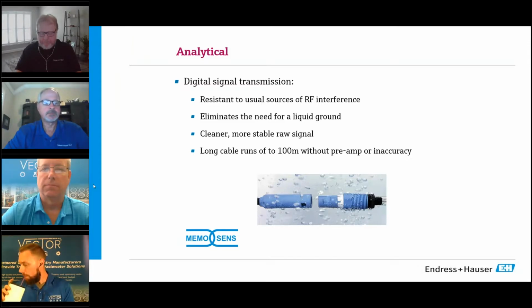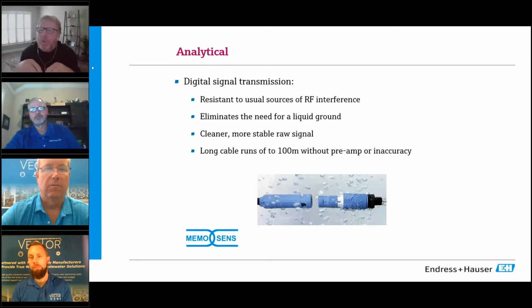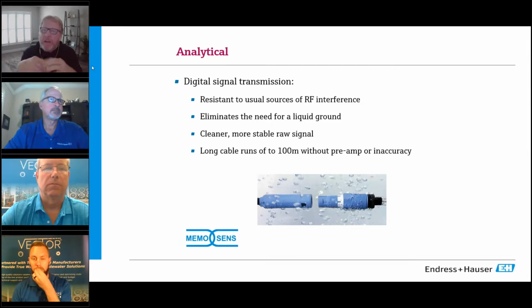Okay, great. Next question. With your MemoSense analytical sensors, why do some have the plug-in inductive head and others have the fixed cable? I think I might have touched on that on the slide, but basically it comes down to power. All the ones that have the blue inductive coupling with the twist lock are what we consider our low powered sensors.